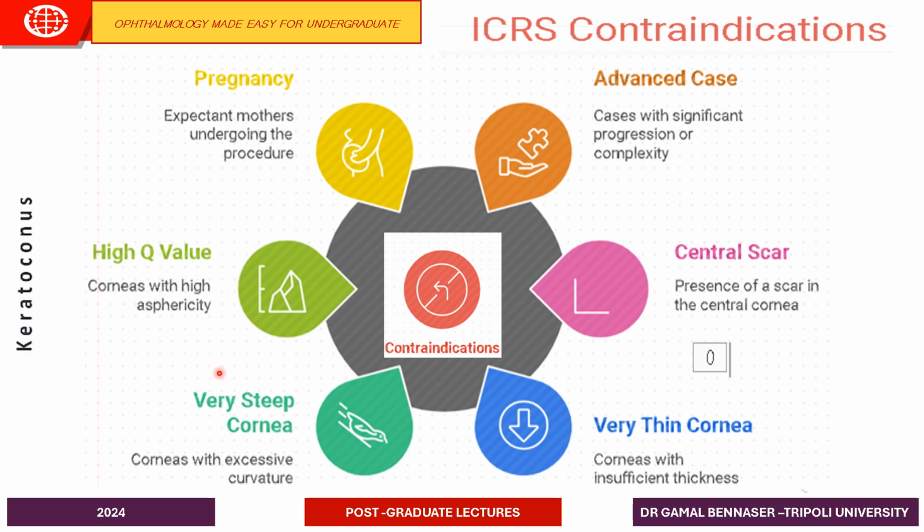Another thing, as I said, a very steep cornea with a very high Q value is another contraindication. And pregnancy is a contraindication for the intracorneal rings, as are any systemic diseases, especially autoimmune diseases. But the main thing is that advanced keratoconus is a contraindication for the intracorneal rings.